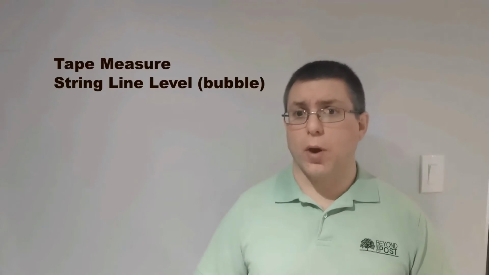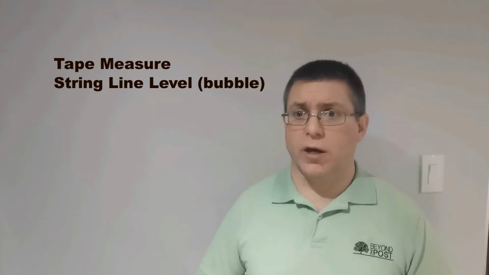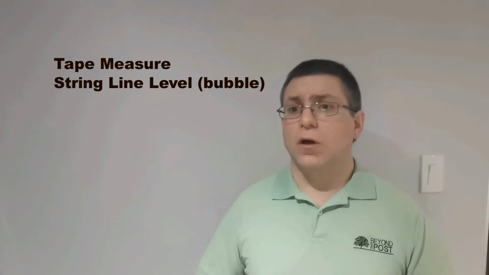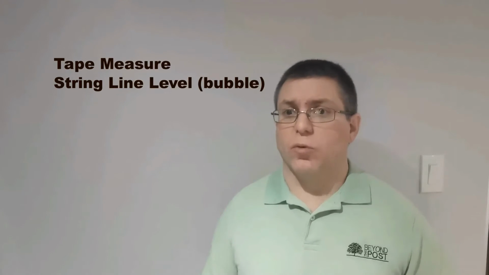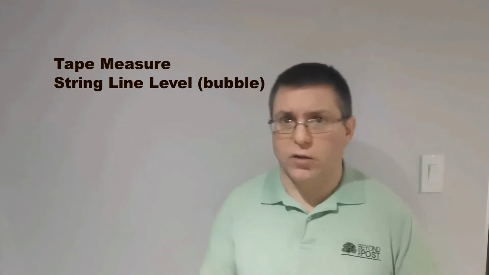On-site data collection. Different methods that you can use are, like, the old-fashioned way, which was a string line or a laser level and a tape measure, measuring out all the items throughout the site, writing it down on a notepad. Then you'd have to go back to the office and type all that out.